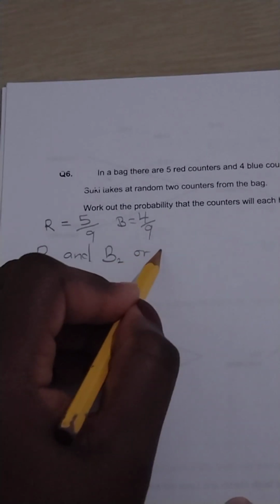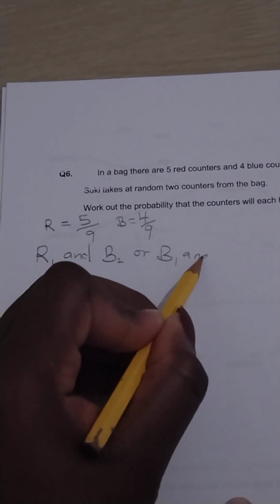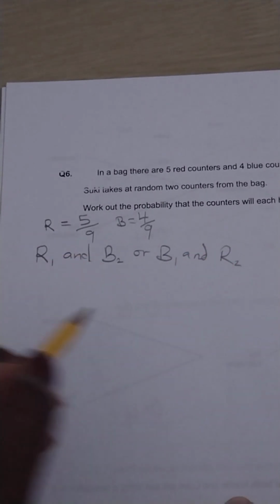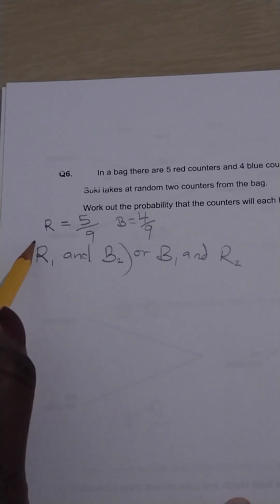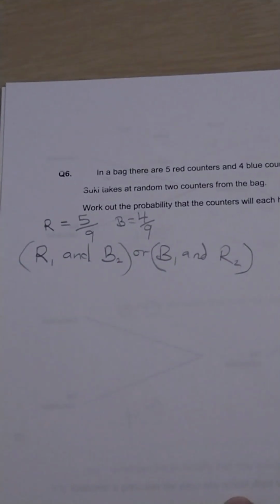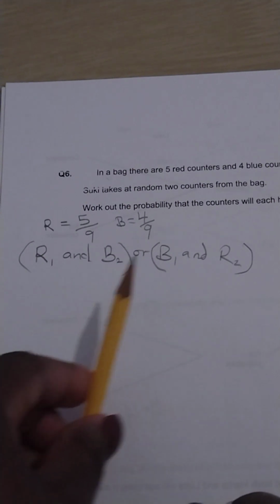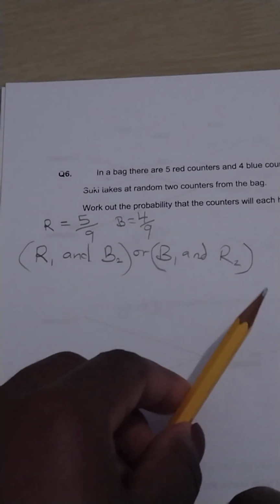Or the first time she probably picked a blue first and then picked a red next. Okay, but what we know is that she has picked 2 colors at random. They didn't tell us in what order, but either of these orders are possible. So red first and then picking a blue, or a blue first and picking a red.